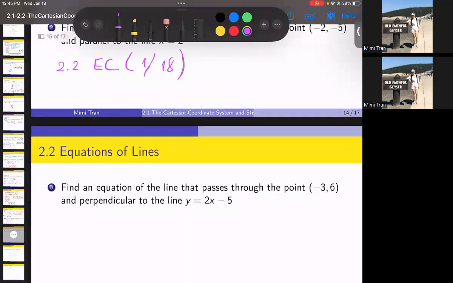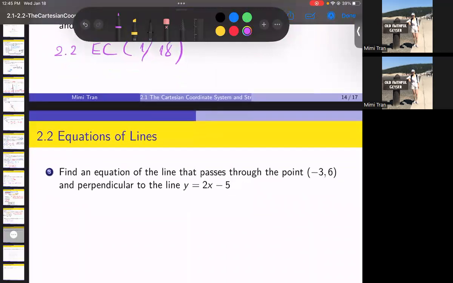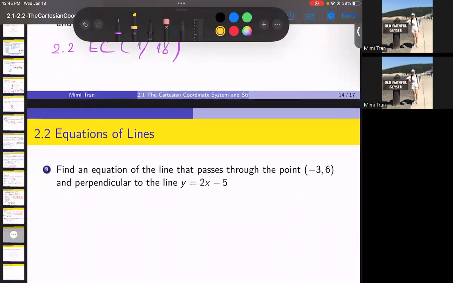Find the equation of a line that passes through the point -3, 6, and is perpendicular to the line y equals 2x minus 5. Now, the graph of the equation I'm looking for is perpendicular to y equals 2x minus 5. So what does that tell you?